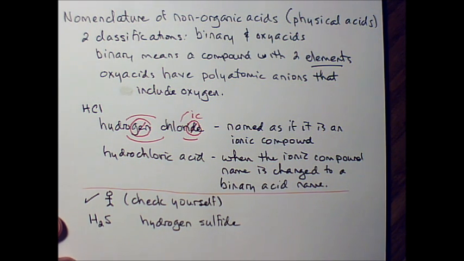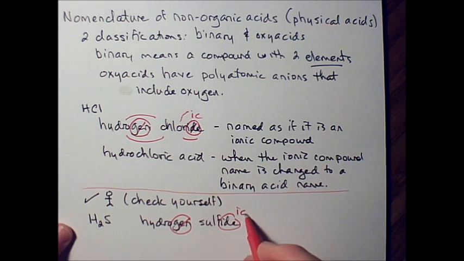Now we're going to change the name to be that of an acid, a binary acid name. So Ty, tell me what I'm going to change, just one thing. Drop the gen. Okay? Carolyn, what else am I going to change on that?